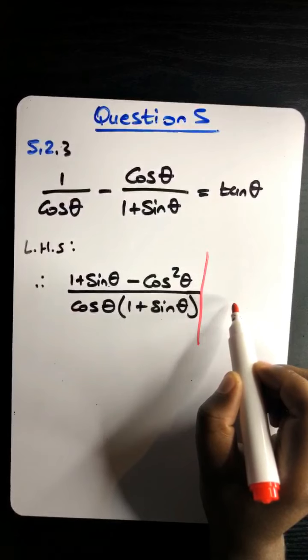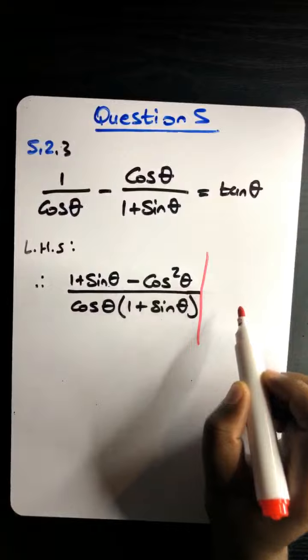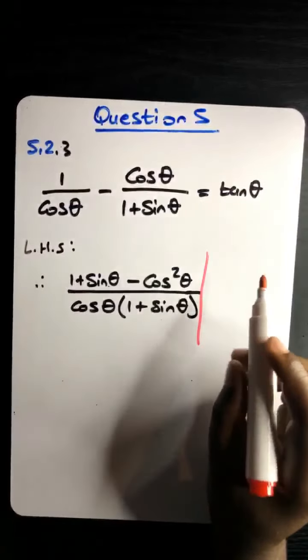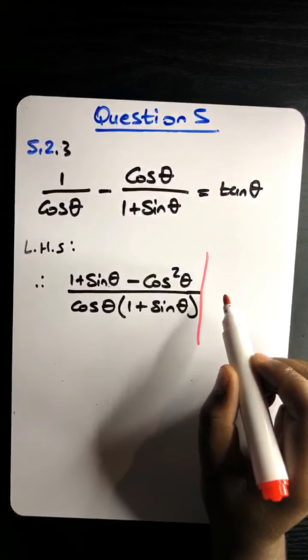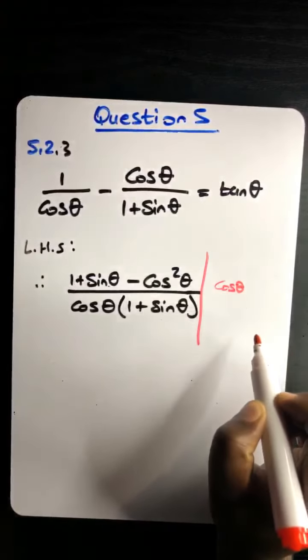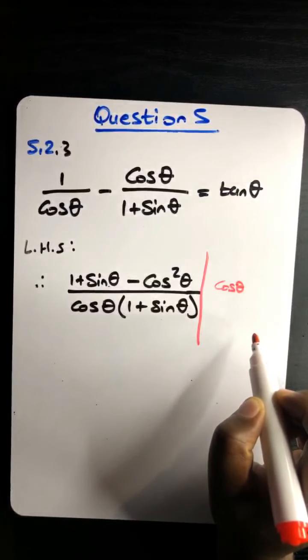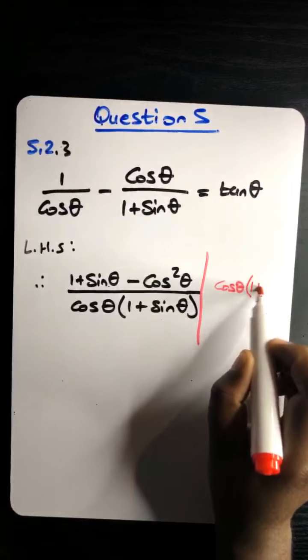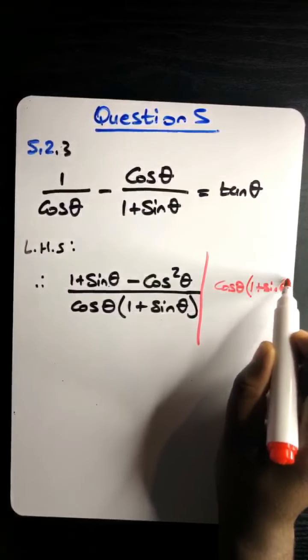I was just thinking maybe, like determination, but say the LCD could be cos theta, open bracket 1 plus sin theta, 1 plus sin theta.